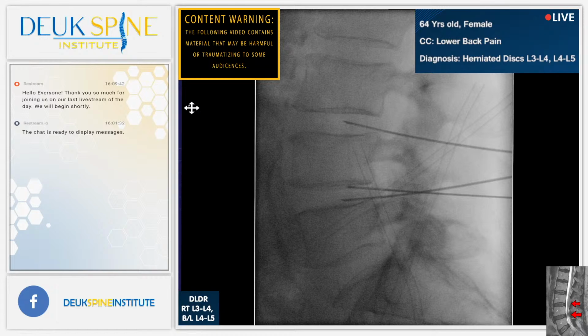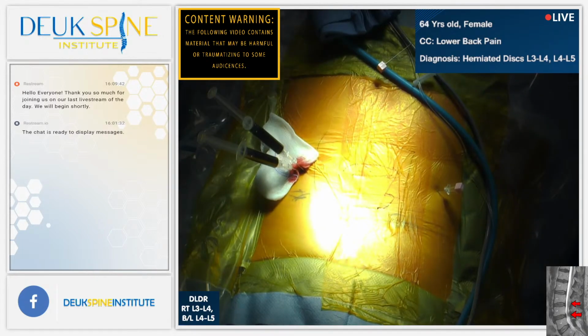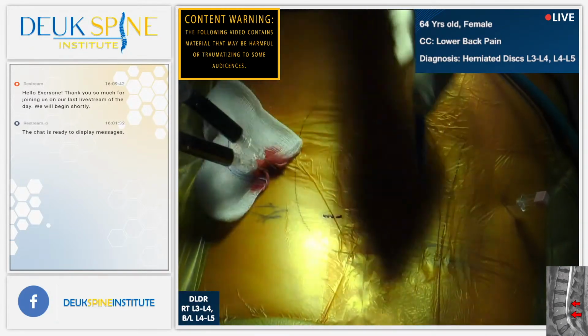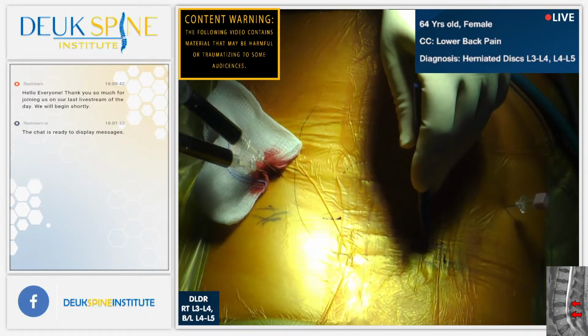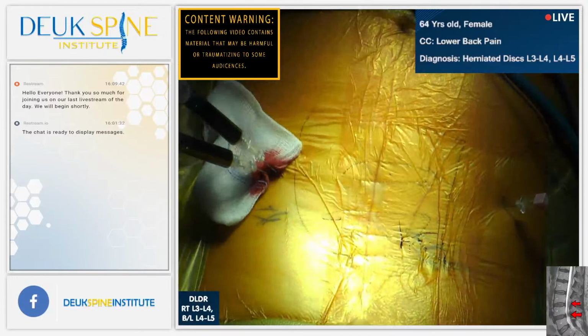And when I asked her, where is your pain? She showed me this right here. It's in this area. Specifically, I asked her where. She pointed here and here. Okay? Now, when I looked at the MRI, I saw that this was L3-4. That's the L3-4 disc.